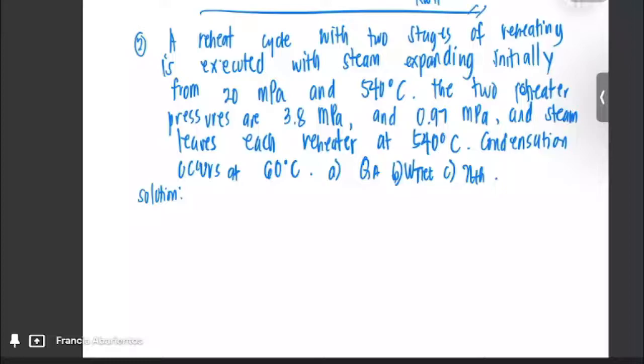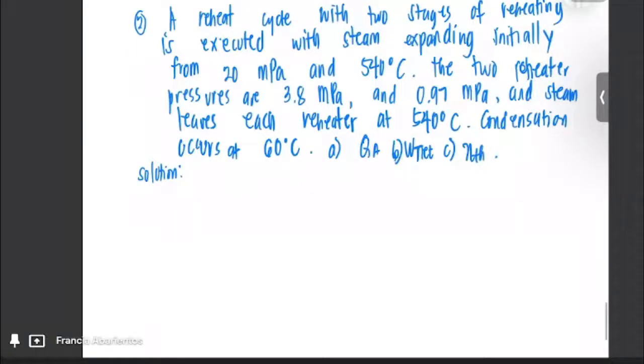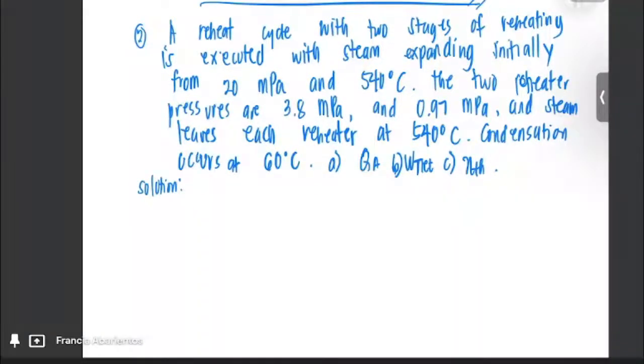Mag-draw muna tayo. Okay? Dalawang stages. So, two stages of the reheat. Given sa atin lahat. Take note of that. Steam table lang kailangan. So, ilang turbina ang mangyayari?